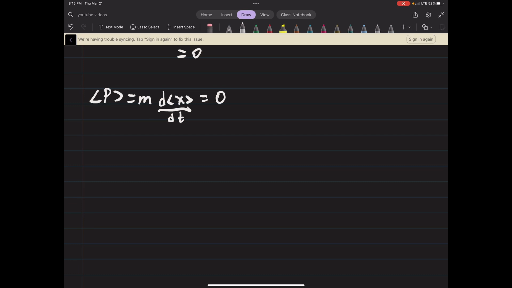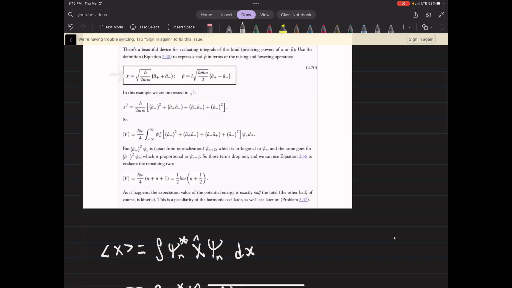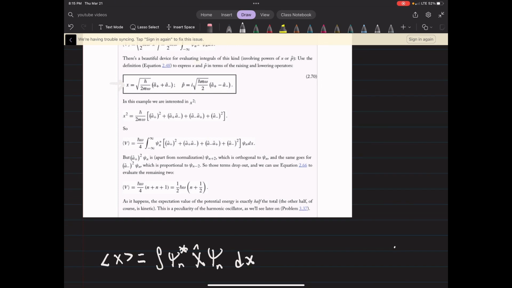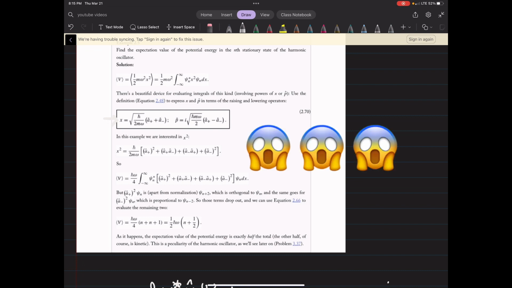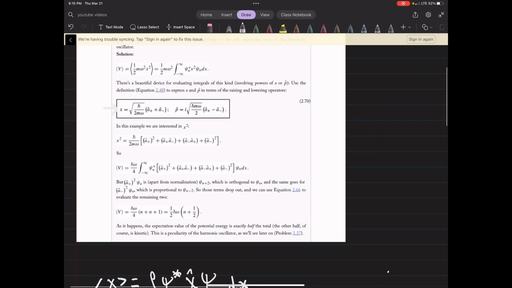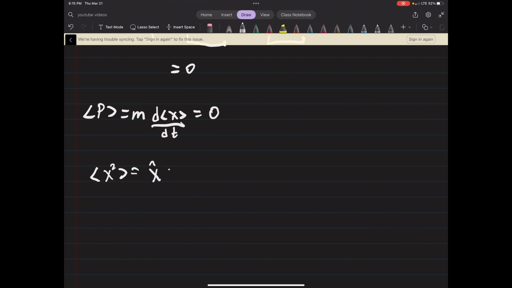That's pretty easy. Now the expectation value of x squared, essentially what we're going to do is, well, they actually do it here for us, but essentially what you would do is take x and then have that operate on x. So in other words, you would fill it in. In this case, they actually kind of did it for us, so that's nice.